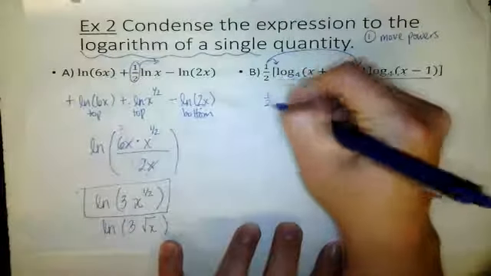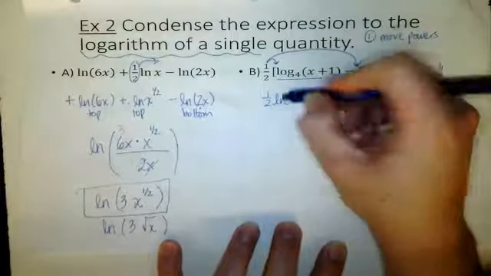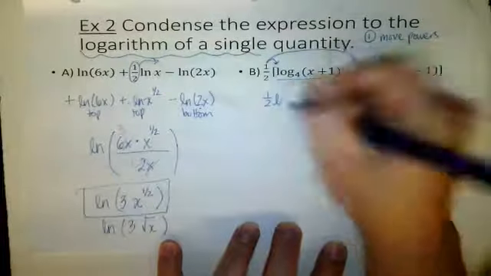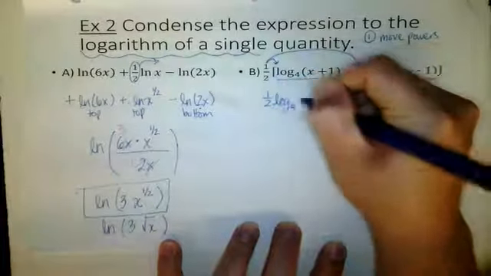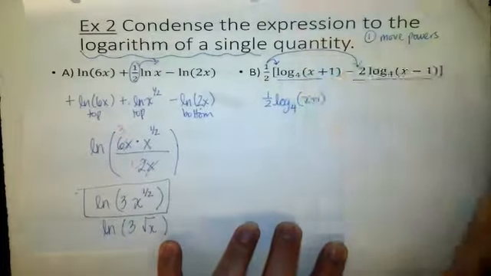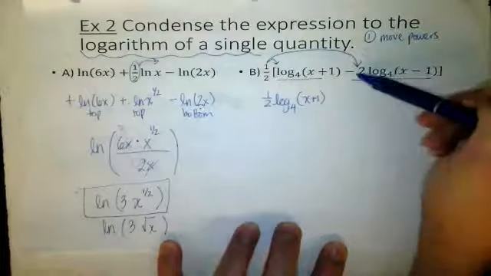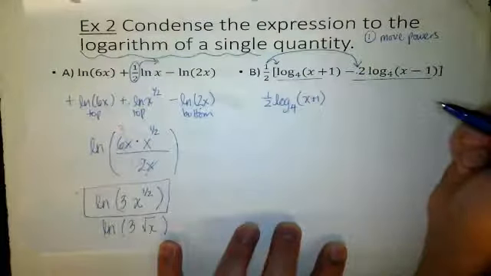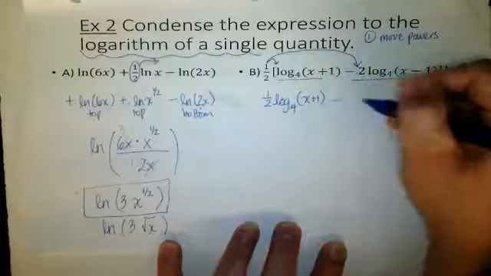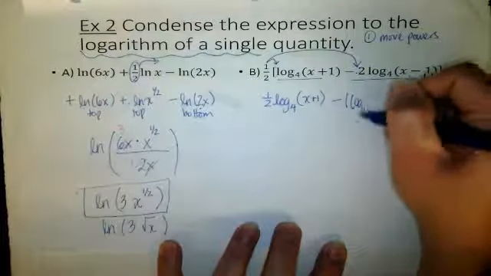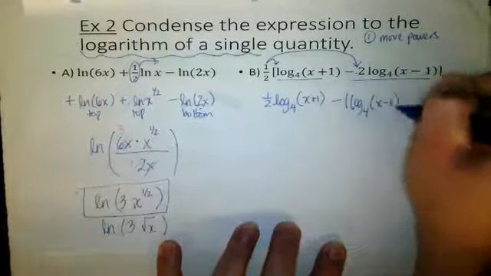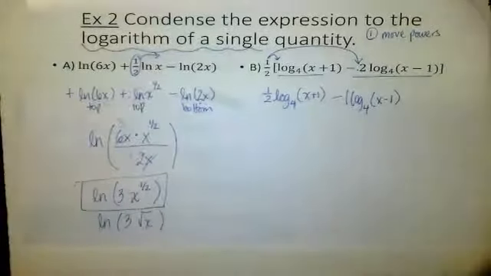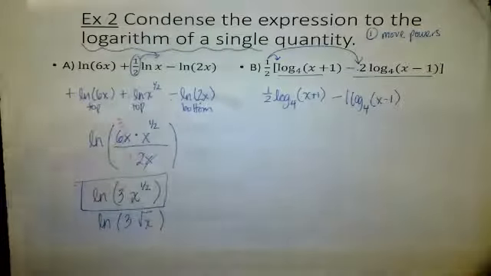So I have 1/2, oops, I keep writing natural log, log base 4 of x plus 1. And then I have 1/2 times -2. What's that? -1, yeah. -1 log base 4 of x minus 1. So get rid of those grouping symbols, and then we're going to move our powers.